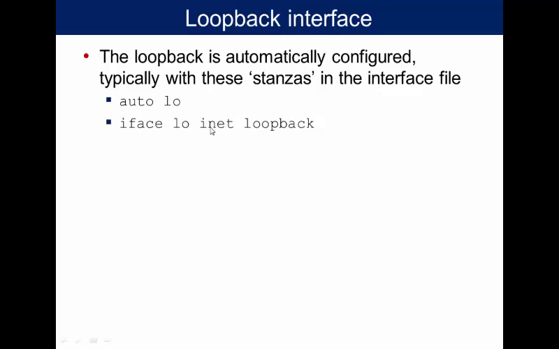So we looked at this, right? Auto lo. So when we say localhost, then it doesn't go out of my host to look for the name localhost. We need to keep it inside, therefore loopback. It calls itself.